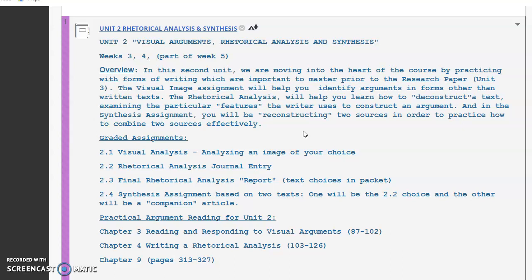Let's just deal with what the 2.3 rhetorical analysis is going to be like. And then when we come to 2.4, the synthesis assignment, that'll be explained to you in several class sessions. And again, we're going to use a model, and everything will become clear to you. Okay, so that's it for my introduction to Unit 2, and let's see where we go from here.